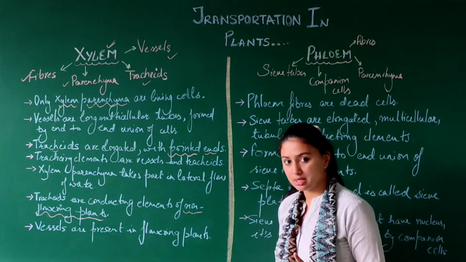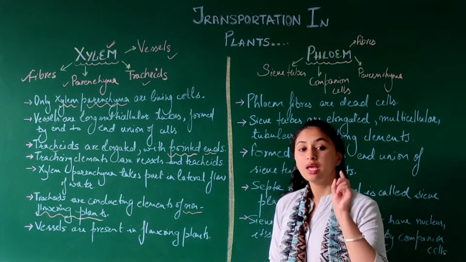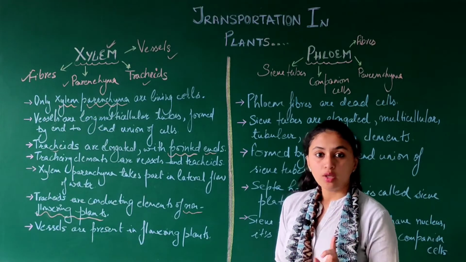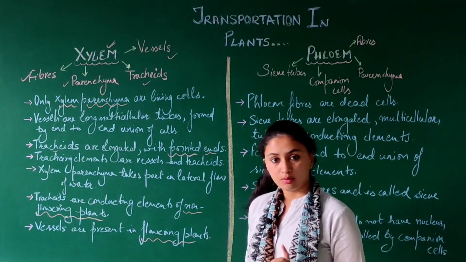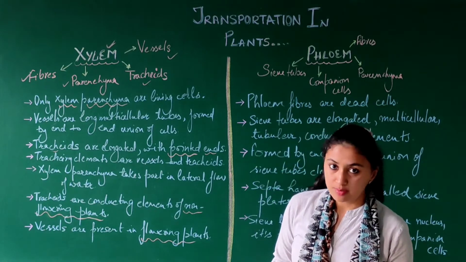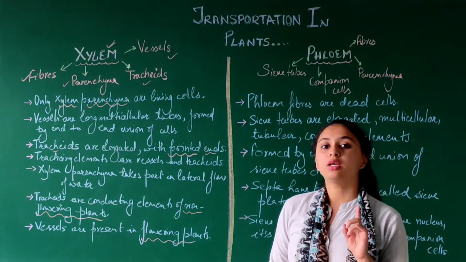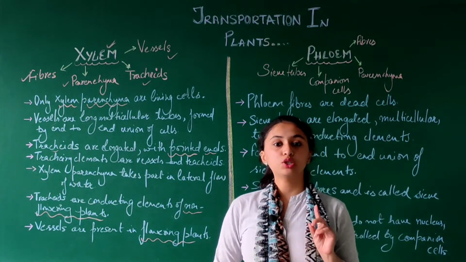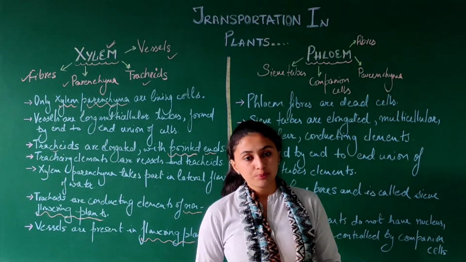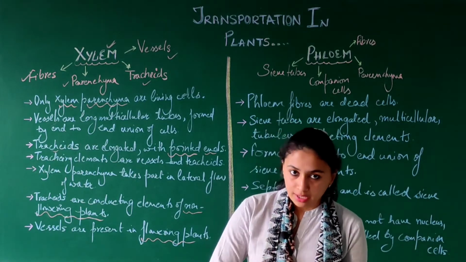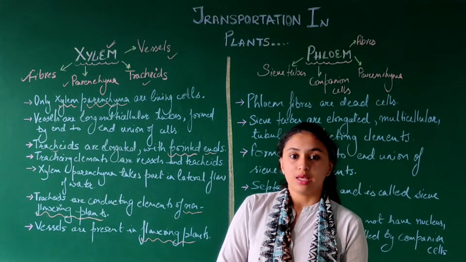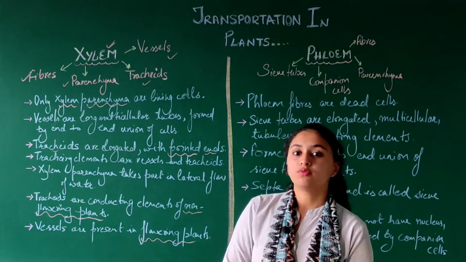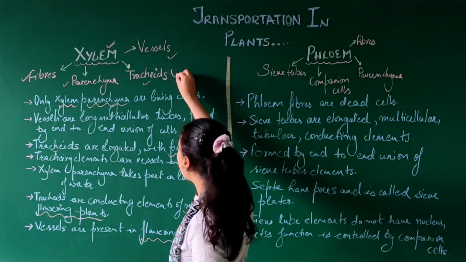However, they will be present in flowering plants but in a very lesser amount. On the other hand, vessels are present in flowering plants, means angiosperms, and these will be absent in gymnosperms, means non-flowering plants.